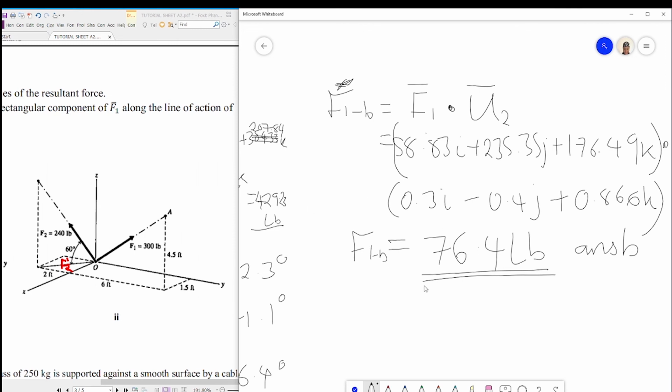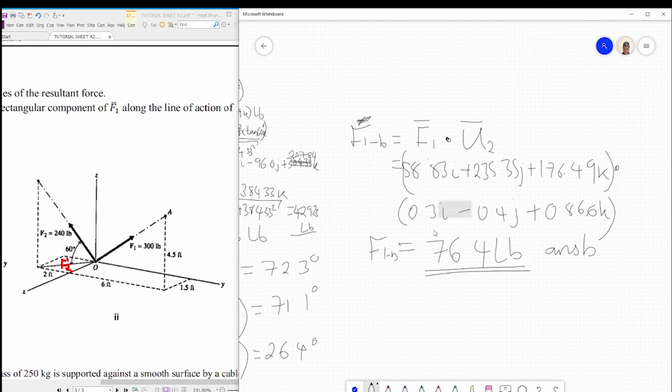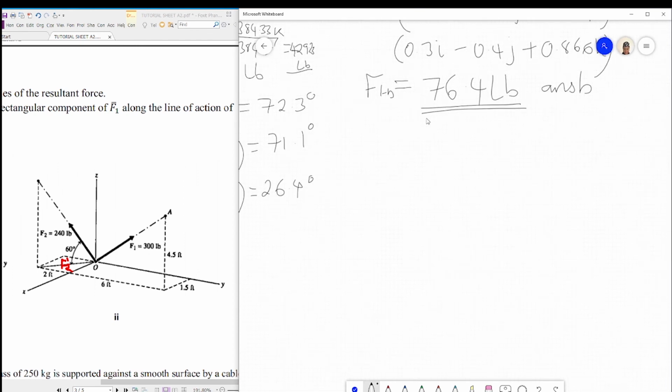Let's see if we can get our answer for C, where we need the angle between F1 and F2.